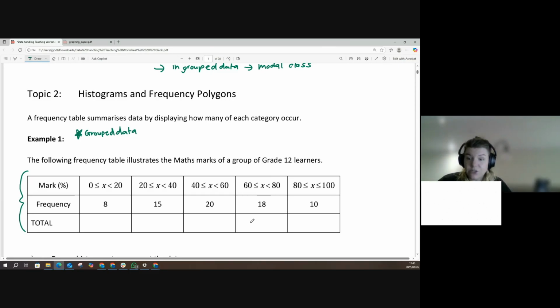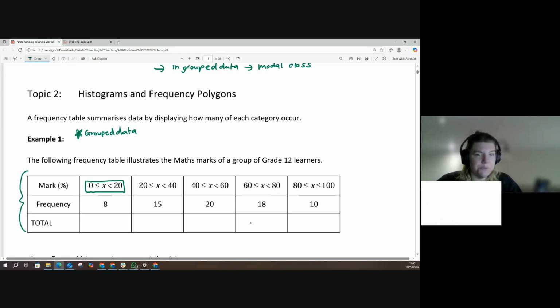Data that falls into a range. So because this is a range, we don't have an exact number. It's somewhere between 0 and 20, or between 20 and 40, somewhere between 40 and 60. So our data is grouped. It's not exact. I don't have an exact number of who was 10, who was 20, who was 30. It's grouped. So this part over here is what's telling us that it's grouped. So we've got data that falls into a range of things.